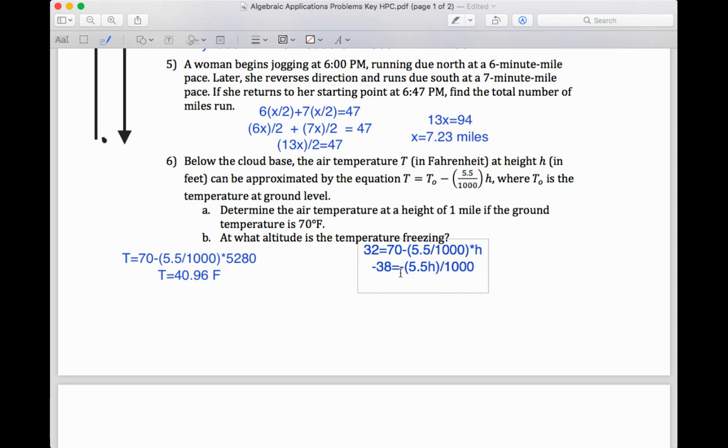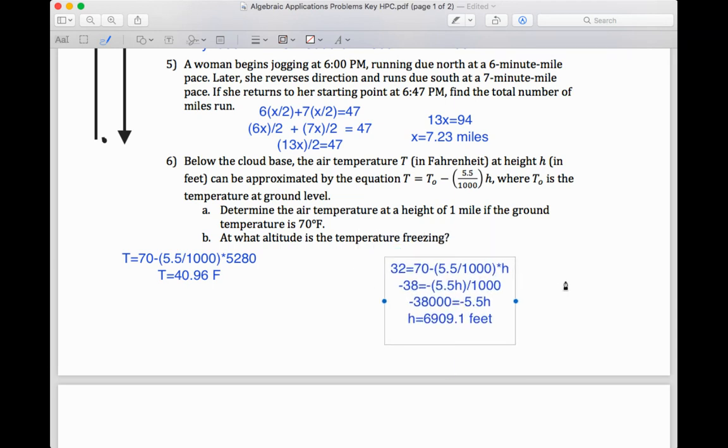I can go ahead and multiply the 1,000 over, which gives me negative 38,000 equals negative 5.5H. Divide each side by negative 5.5, and we get H is equal to 6909.1 feet. And then we're finished.